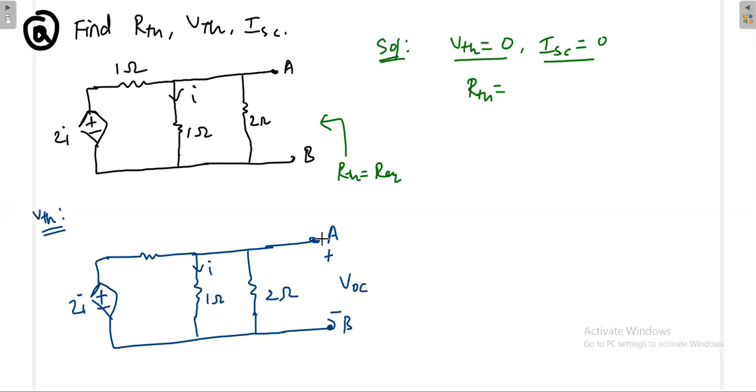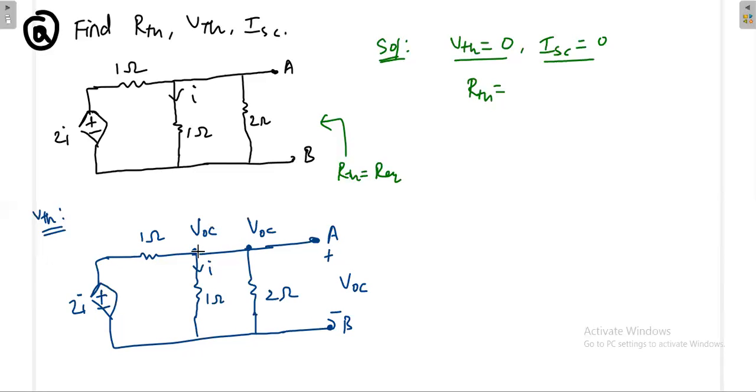The voltage across this terminal is equal to voltage across this 2 ohm resistance, and also is equal to the voltage across this 1 ohm resistance. Now you know one thing, because you can apply the nodal as it is VOC. Open circuit, the same voltage VOC will appear here, the same voltage VOC will also appear here.